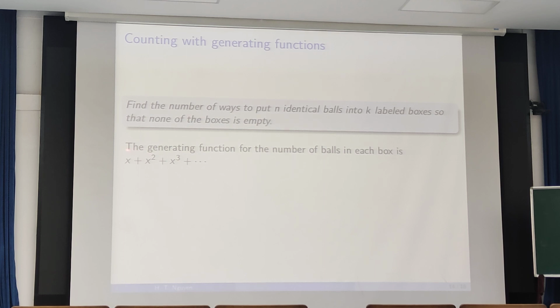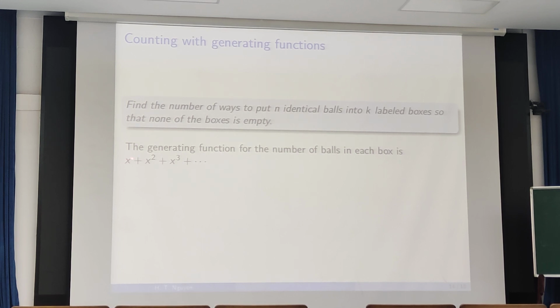And in fact, for each box, the generating function for the number of balls is the same. You know that the number of balls in each box can be any positive integer. Here, in fact, you can truncate this sum because it will be bounded above by n, but we don't care about that.